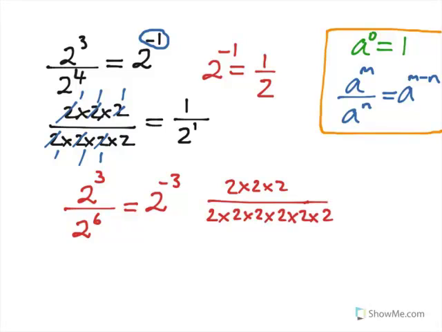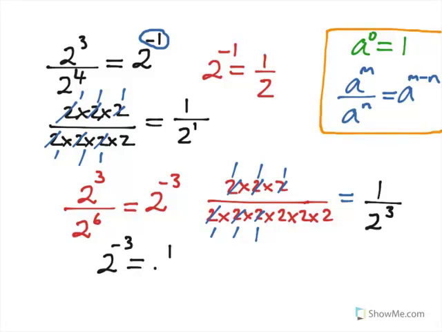We can see that those 2's cancel out. What are we left with? We're left with 1 times 1 times 1, which is 1, and 2 times 2 times 2, which I initially write as 2 cubed. So we're saying 2 to the negative 3 implies it's 1 over 2 cubed.